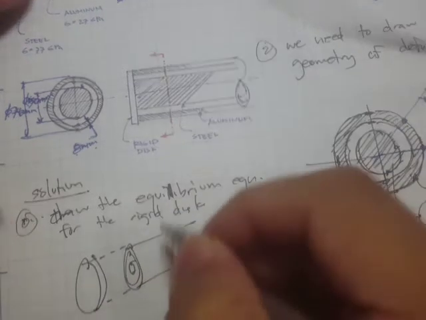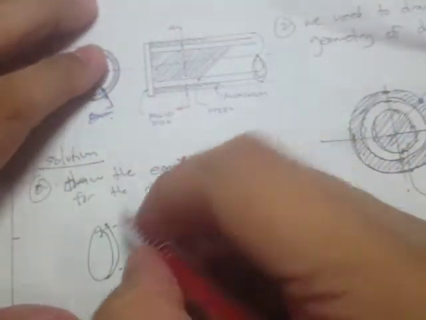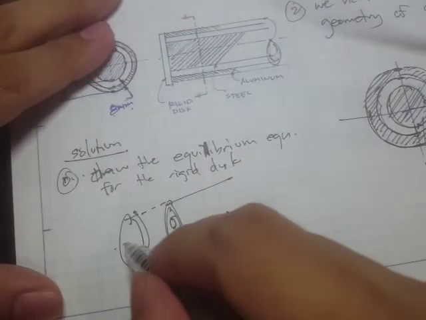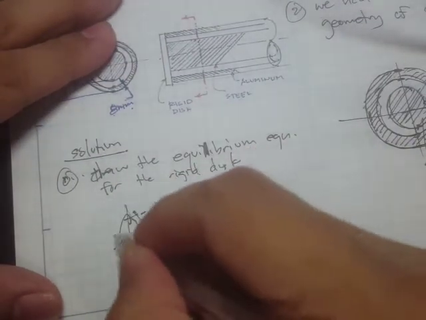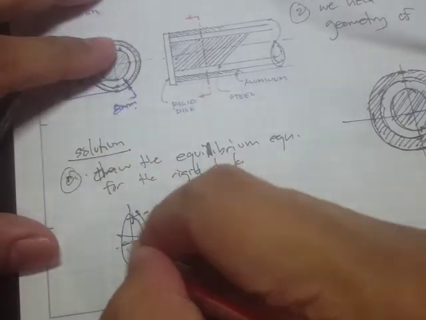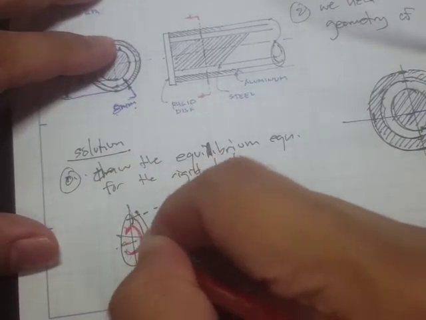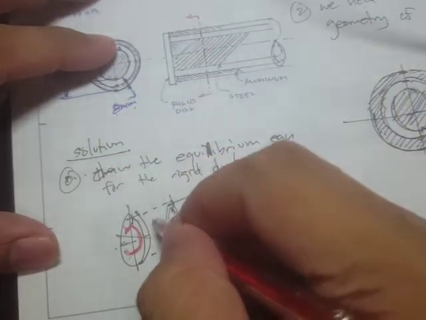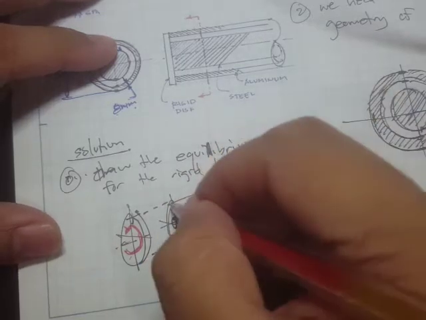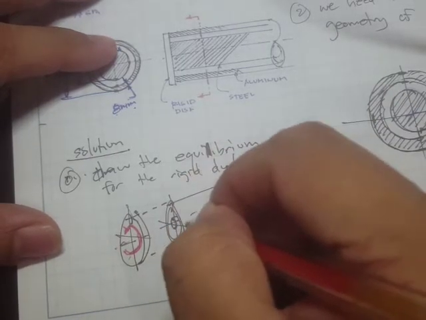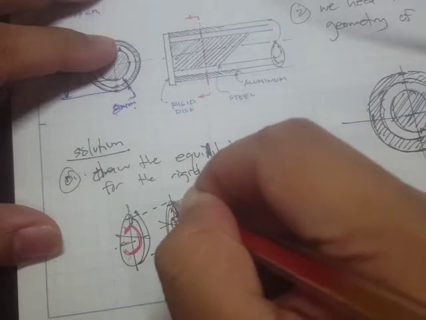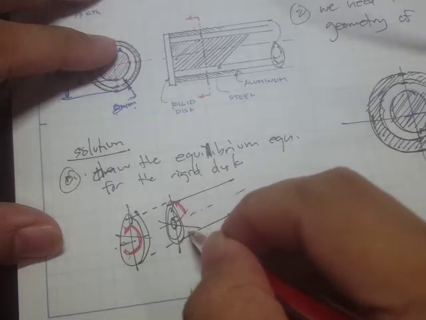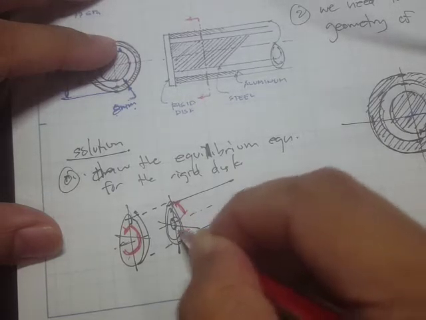So I'm drawing this in an exploded view. So right here, if I apply a torque, then there's going to be a reaction. I mean, if I cut a section right here, there's going to be a torque as well right here, right? So that total torque is going to be the torque in this aluminum and the torque in the steel, right?